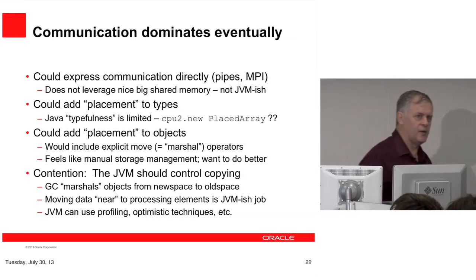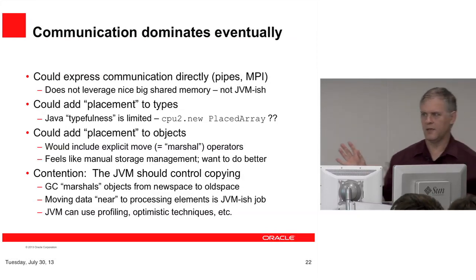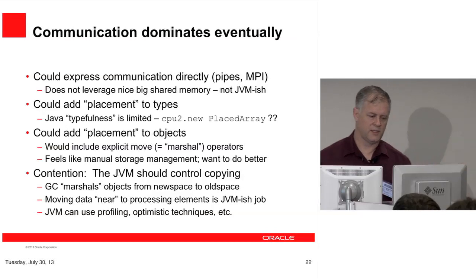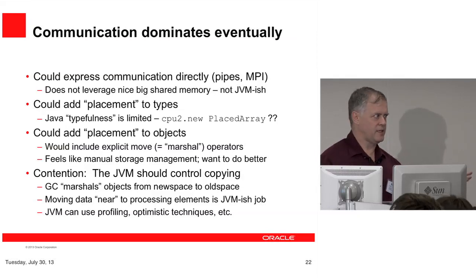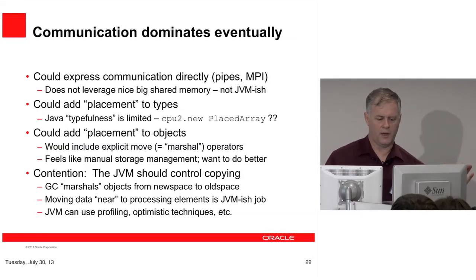You could add placement to types. You could say, okay, we're going to pre-place your data near your processing elements, whatever that means. Maybe you have a NUMA system with memory associated with sockets. So we'll somehow expect somebody to place the data with the processing elements, and we'll make the types match up, be the proof that everything is local where it needs to be.